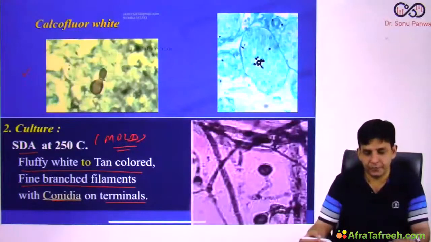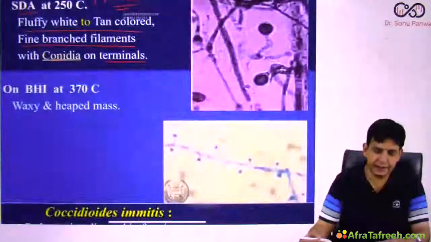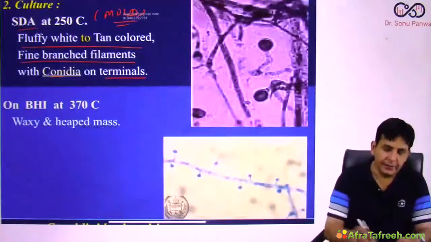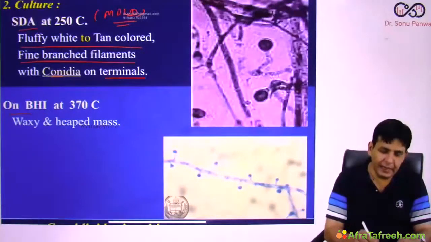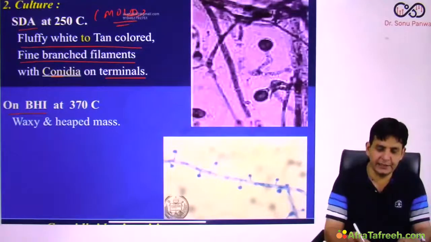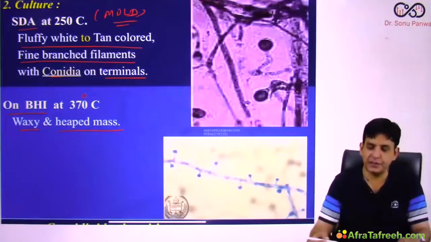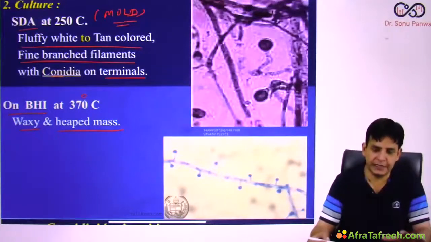Okay, so the thing to be remembered is that you can culture on SDA, and rarely you can culture it on brain heart infusion, also BHI, at 37 degrees. Waxy and heaped mass is observed in the BHI.